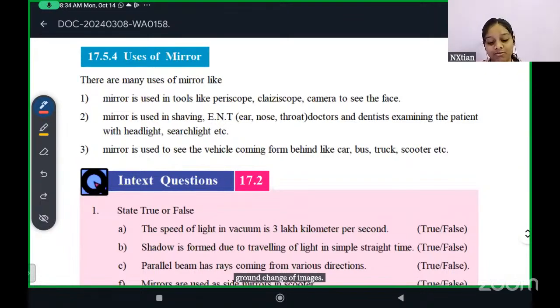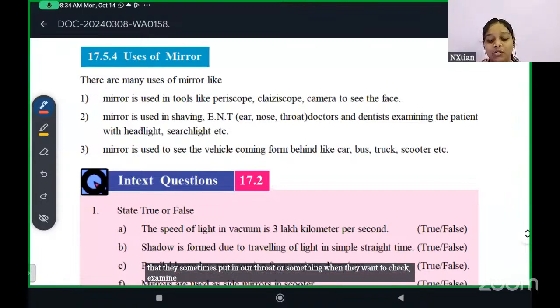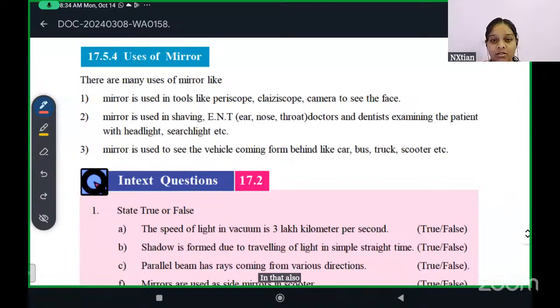Now, uses of mirror. There are many uses of mirror, like they're used in periscope, telescope, and camera to see the faces. Then, mirror is used in shaving, ENT, doctors and dentists examining the patients with headlight, searchlight, etc. A small device that they sometimes put in our throat when they want to examine, in that also, they use mirrors.